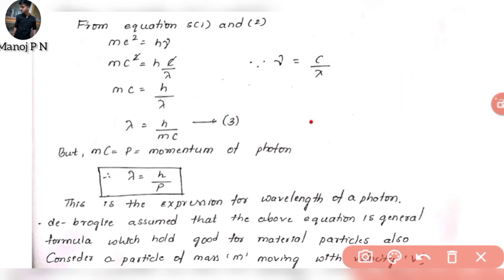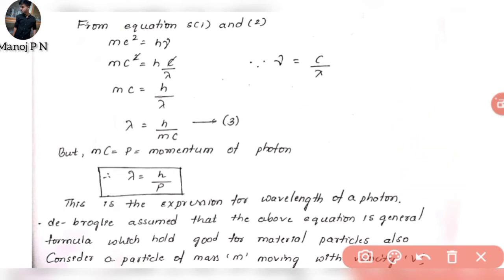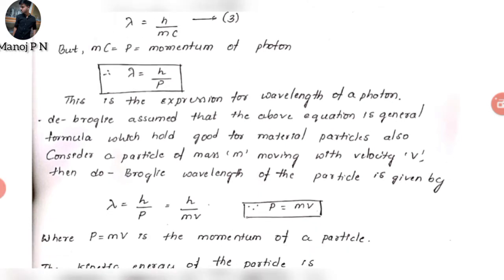We want the expression for lambda, so lambda is equal to h divided by mc, and here mc is equal to p, the momentum of the photon. Therefore lambda is equal to h divided by p. This is the expression for wavelength of the photon. De Broglie assumed that the above equation is a general formula which holds good for material particles.